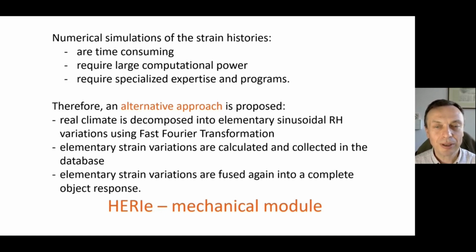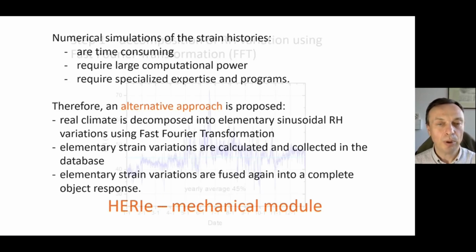Therefore, we proposed an alternative approach, which is based on the decomposition of the real climate into elementary sinusoidal RH variations using fast Fourier transformation. Then elementary strain variations are calculated and collected in a database. And finally, elementary strain variations corresponding to the climate are fused again into the complete object response, and that's available on the HERIe platform in the mechanical module.